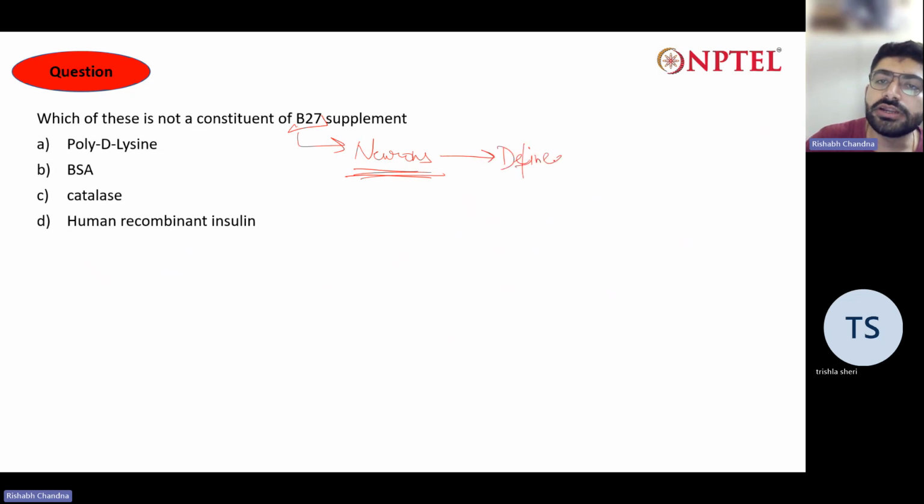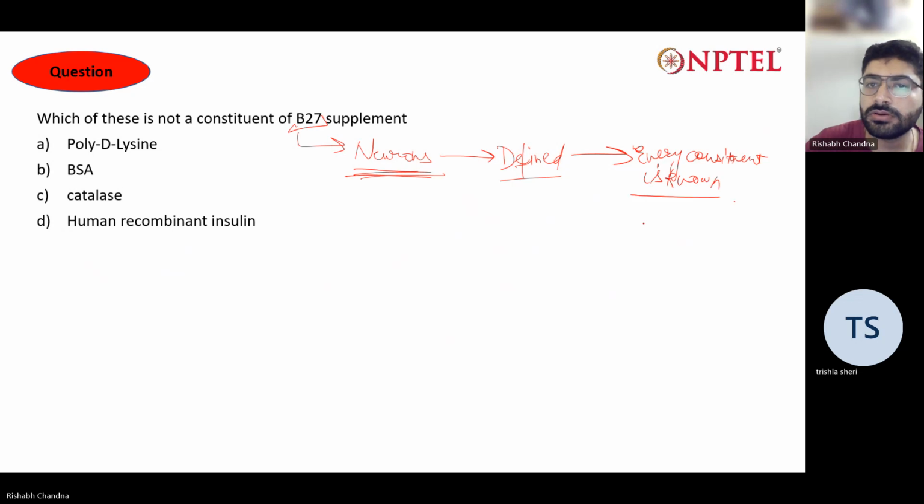A defined system means we know everything about the media that we have. Every constituent is known. That's why it is called a defined medium.